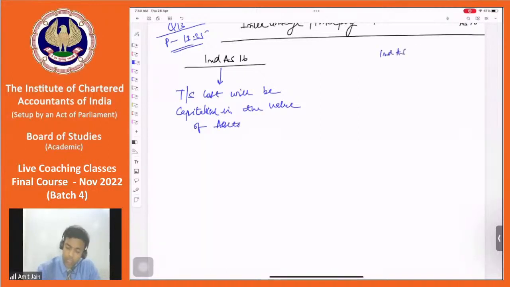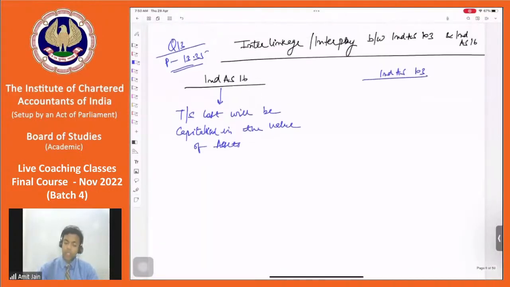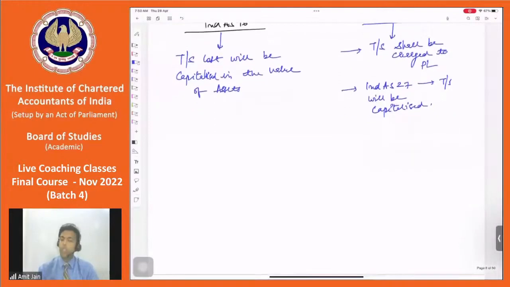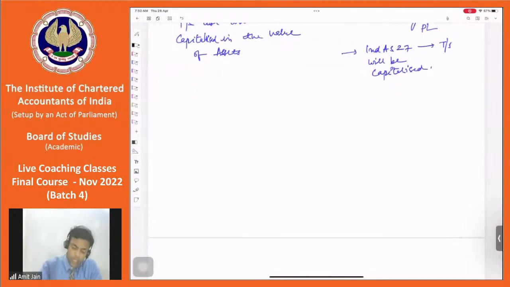What is Ind AS 103 saying on the transaction cost? Ind AS 103 says that transaction cost shall be charged to P&L, right? Ind AS 27 is saying transaction cost will be capitalized. Correct?